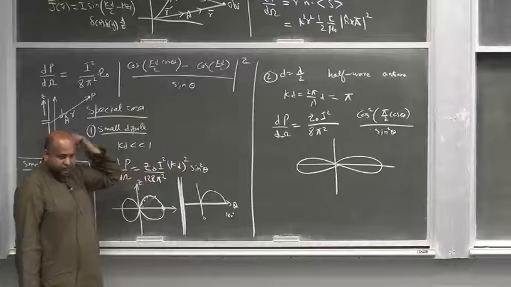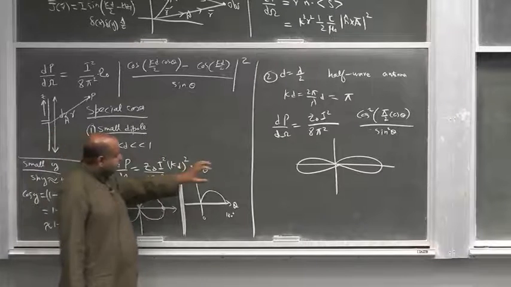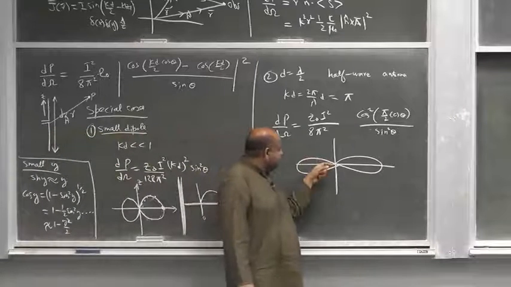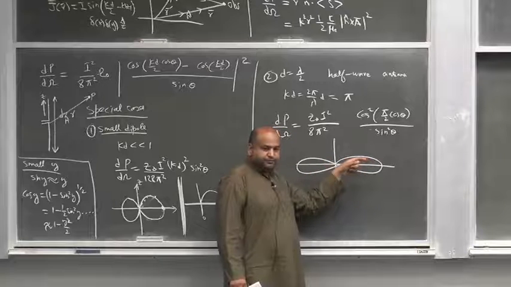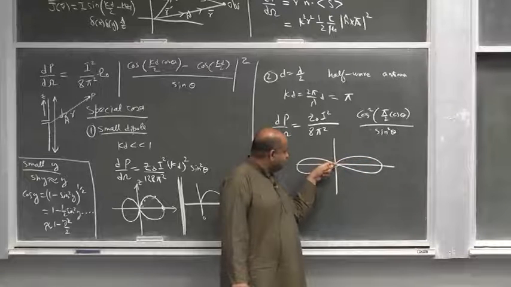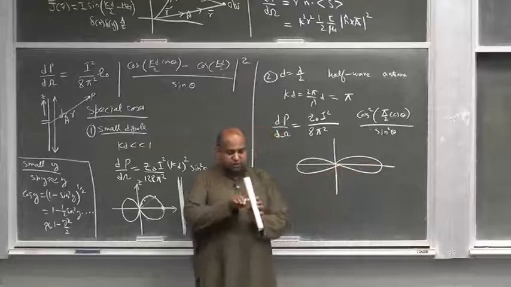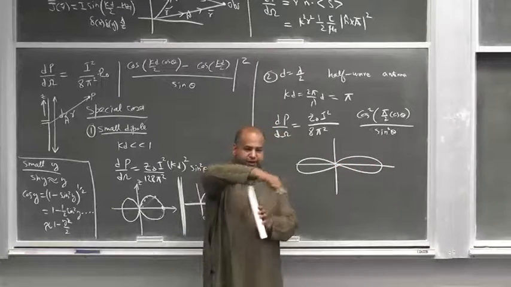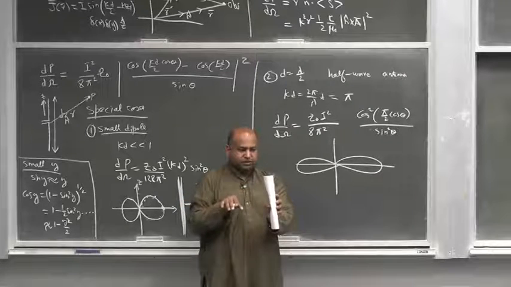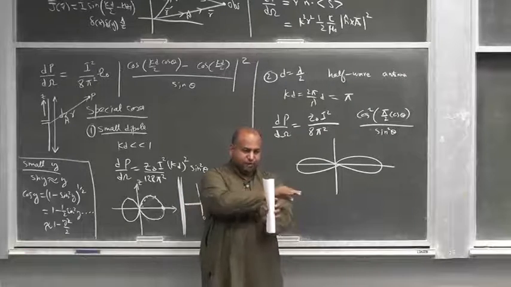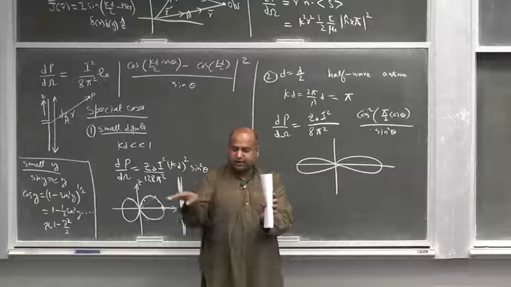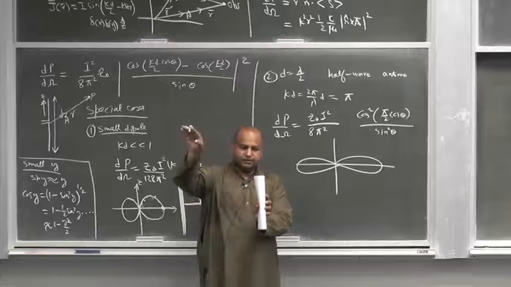That's why this half wave antenna is very popular: most of the power is being radiated in a particular direction, radially outward, perpendicular to the antenna in this plane. So if this is the antenna, most of the power is being radiated in this plane. The power is going first of all in all directions equally in this plane, but it's stronger here than in this direction.